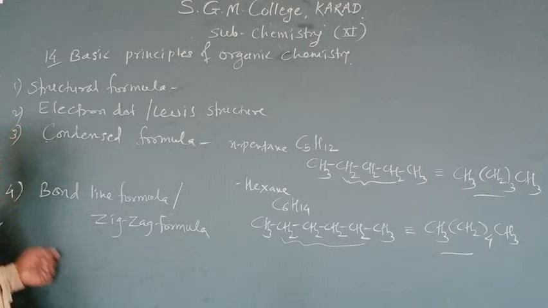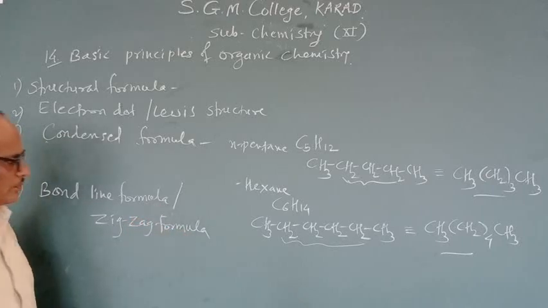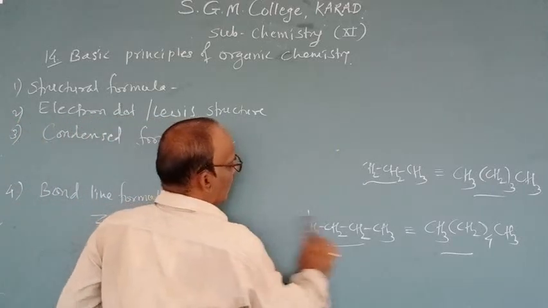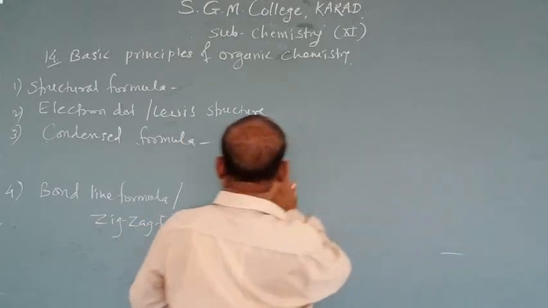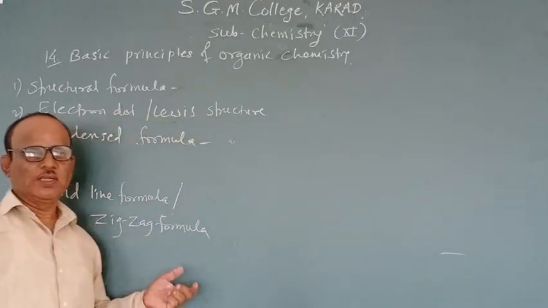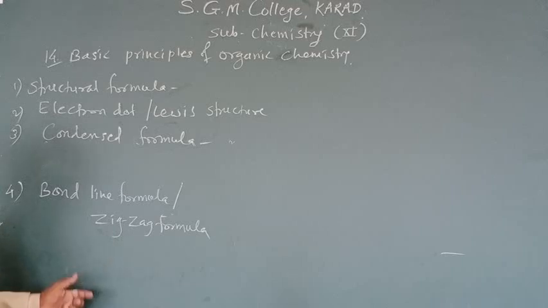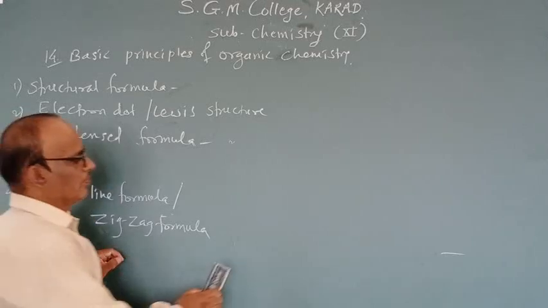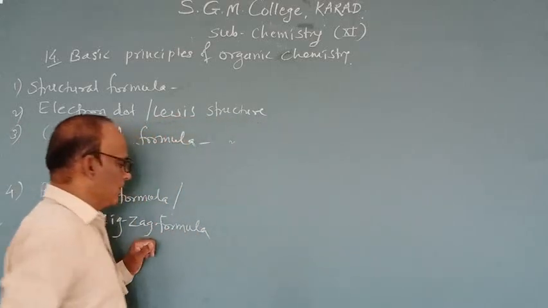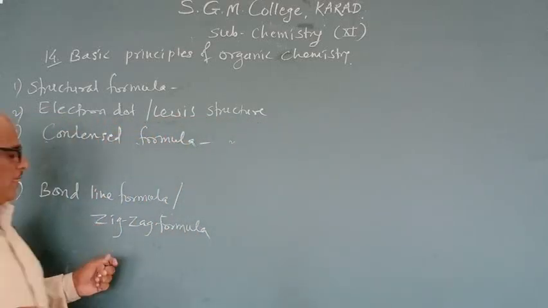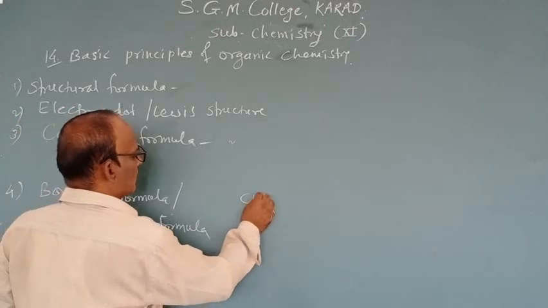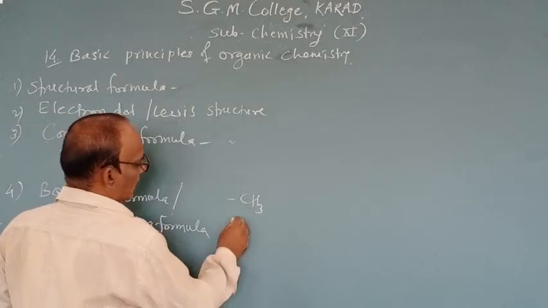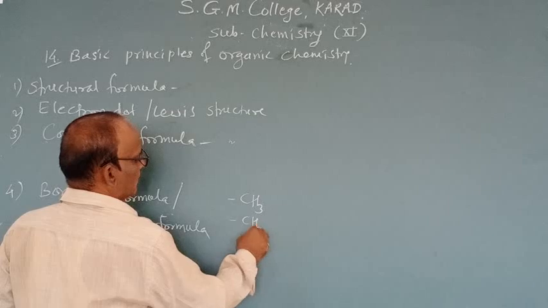In this formula no carbon and hydrogen atoms are written. What is the bond line formula? Only bonds are shown in this formula, but carbons and hydrogens are not written. In this formula the first carbon is always a CH3 group and the last carbon is also always CH3.